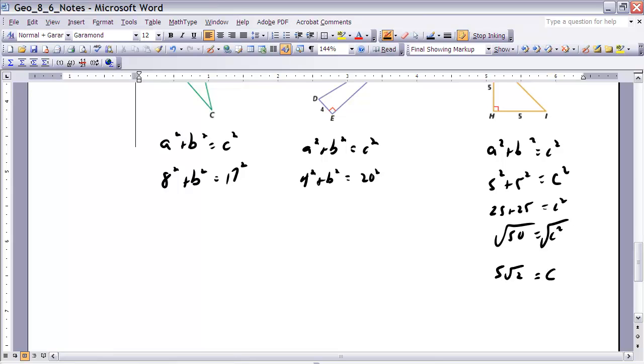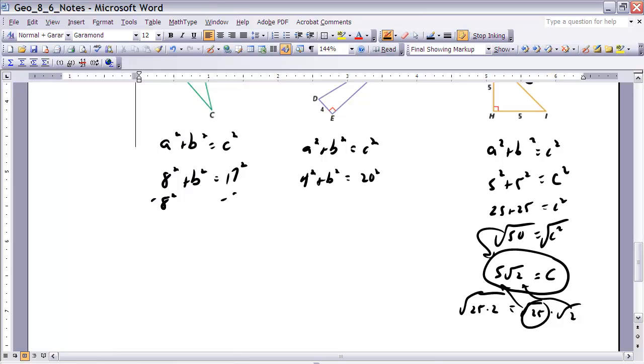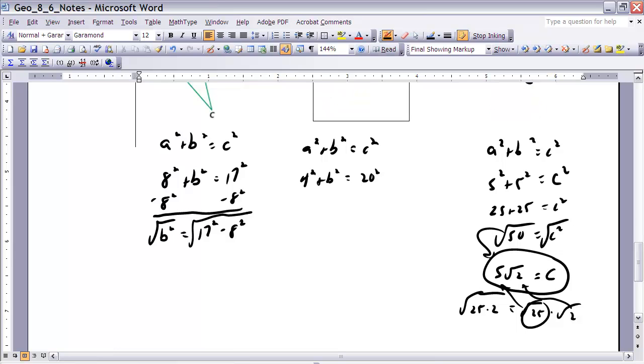Alright, so if I'm going to solve here now, I would have to subtract 8 squared from both sides to solve for b. If I do that, I have b squared is equal to 17 squared minus 8 squared. And notice I haven't used my calculator at all yet. And then I'm going to take the square root of both sides.